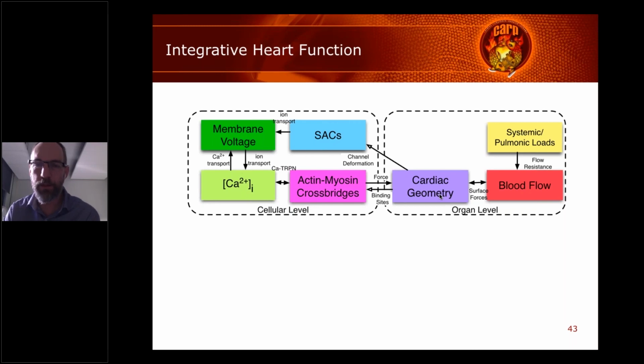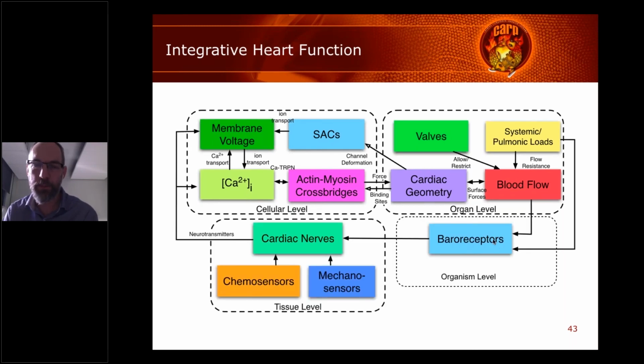Again, all these things are leading back to each other. You have baroreceptors that activate nerves, which then feed back into the heart to alter membrane voltage. So I think we're quite a ways from this yet. We sort of have things coming into place, but there's still a lot we don't know. We don't know all the levels of feedback. But this problem will keep us modeling for quite a while.